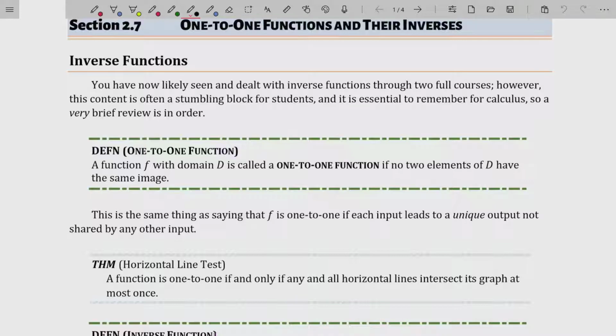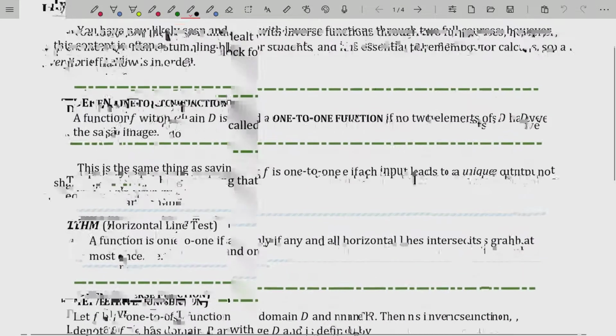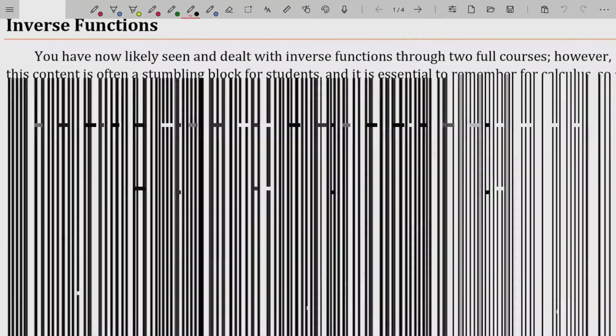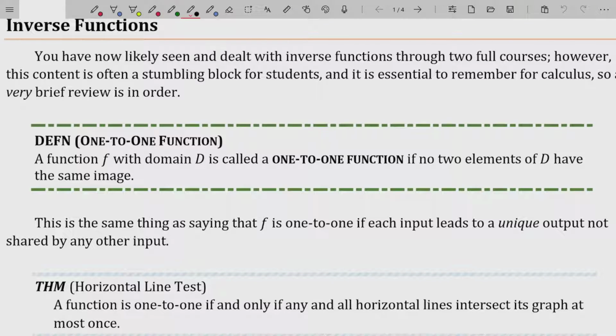So the first thing you should remember is the definition of a one-to-one function. This definition tells us not only do we have a function, which means that each input leads to a single output, but each output leads back to a single input.